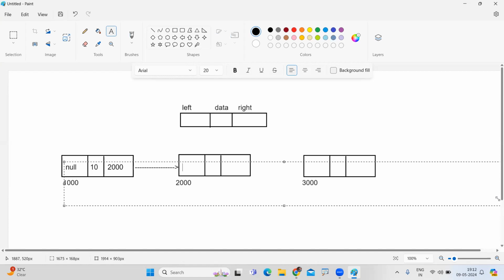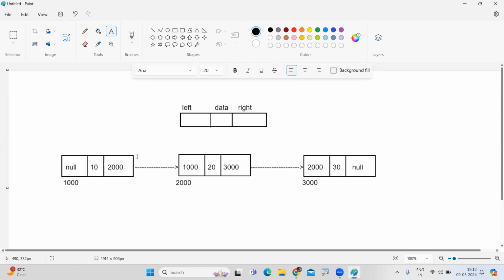And here the left side connection is 1000. For 20, the right side connection is 3000, so it is pointing to this, and the left side connection is 2000. For 30, the right link is null. For these two, left connection is there, and this one also has a connection like this.